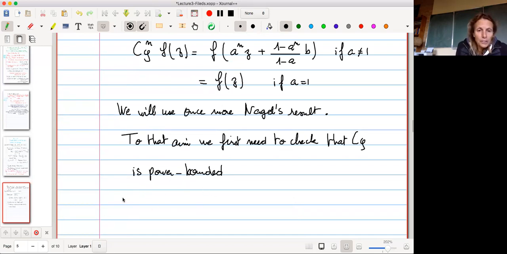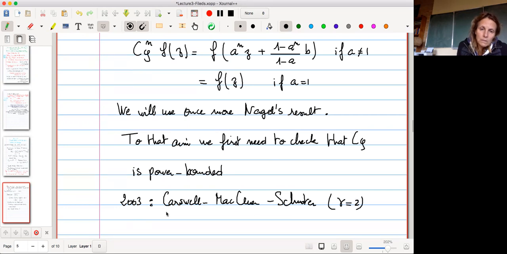That's also a work initiated by Carswell, MacCluer, and Schuster in the case nu equal to 2. It's the same paper. And then generalized in 2019 by Dye.